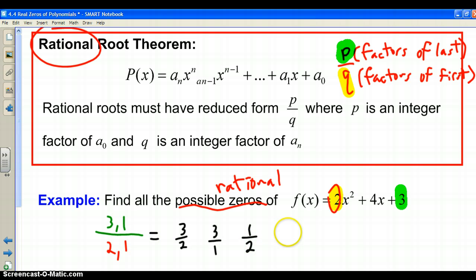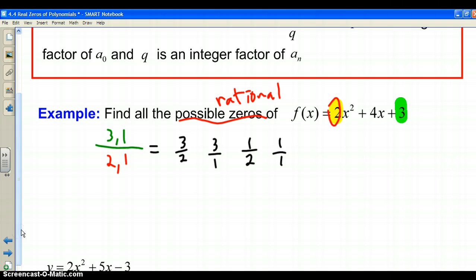And I can have 1 over 1. Now let's clean this up just a little bit. By the way, we need to add plus or minus to all these. So we have plus or minus 3 halves. This is just 3, so plus or minus 3. This is plus or minus 1 half. And this is plus or minus 1.